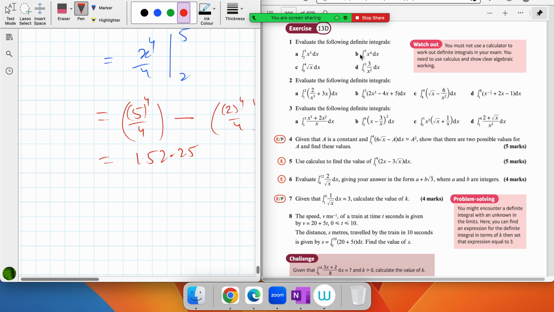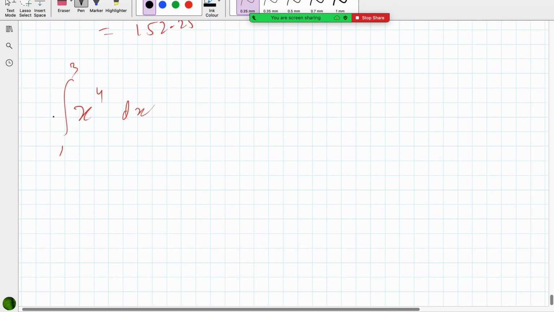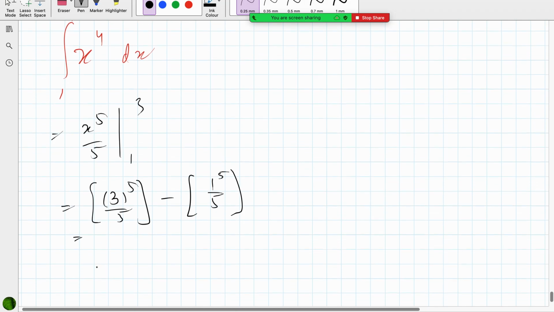It says x power 4 and limit is 1 to 3, so the integral from 1 to 3 of x^4 dx. We integrate it and it gives x^5 by 5 with limits 1 to 3. So upper limit first, 3 raised to power 5 over 5, minus lower limit, 1 raised to power 5 by 5. Are you getting it?